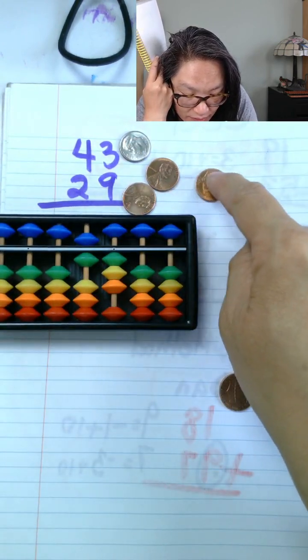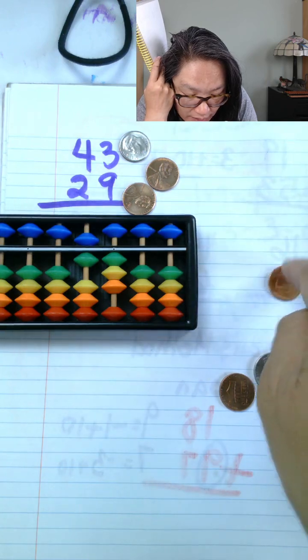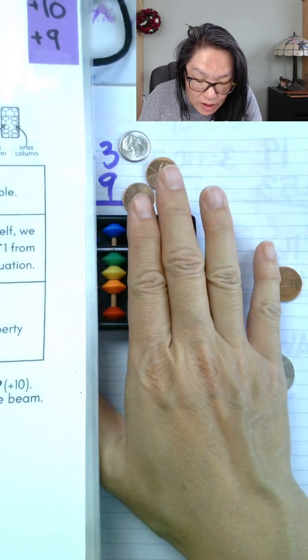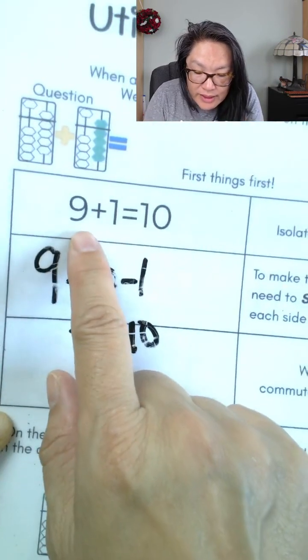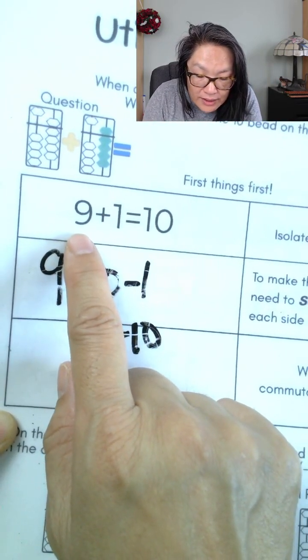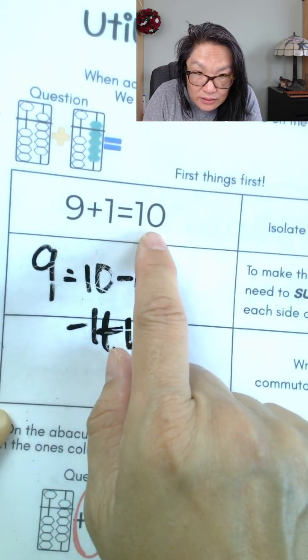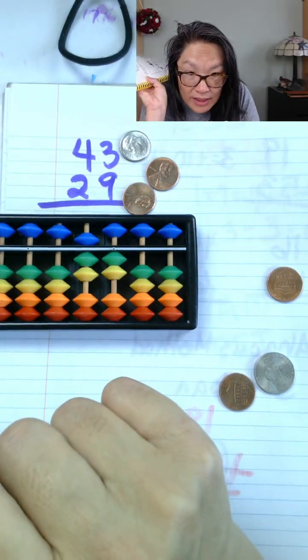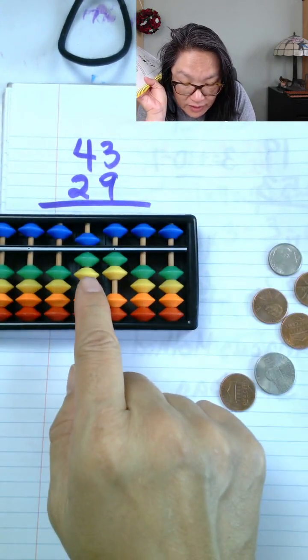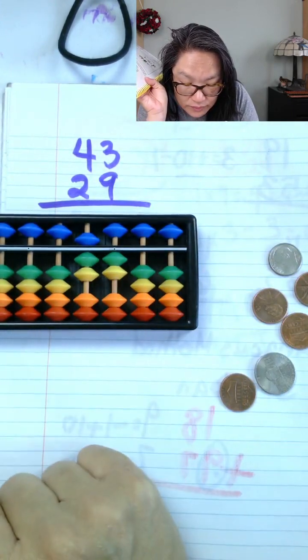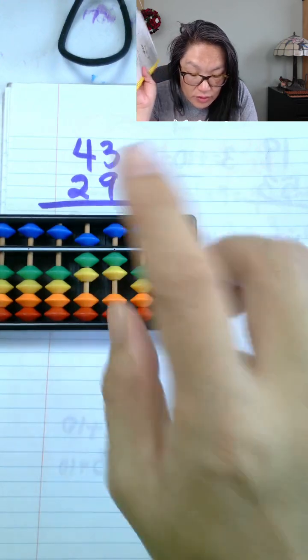That's too much, so I'm going to take away the 1. We're doing it column by column. So I'm going to add the 10, take away the 1. I understand that 9 plus 1 is equal to 10. It's not about the answer, it's all about understanding how to get there. Exactly. So what's my final answer? My final answer is 72. Okay, so that's one way.